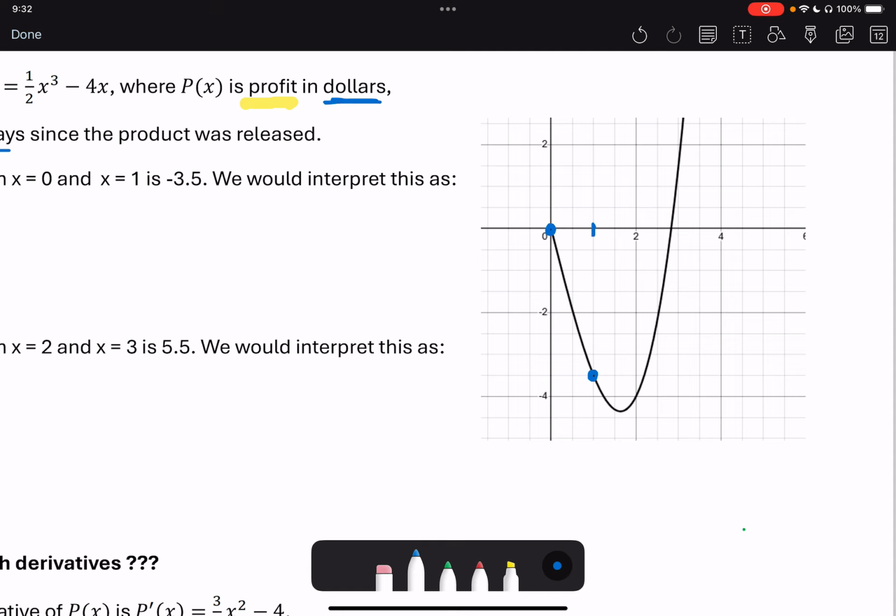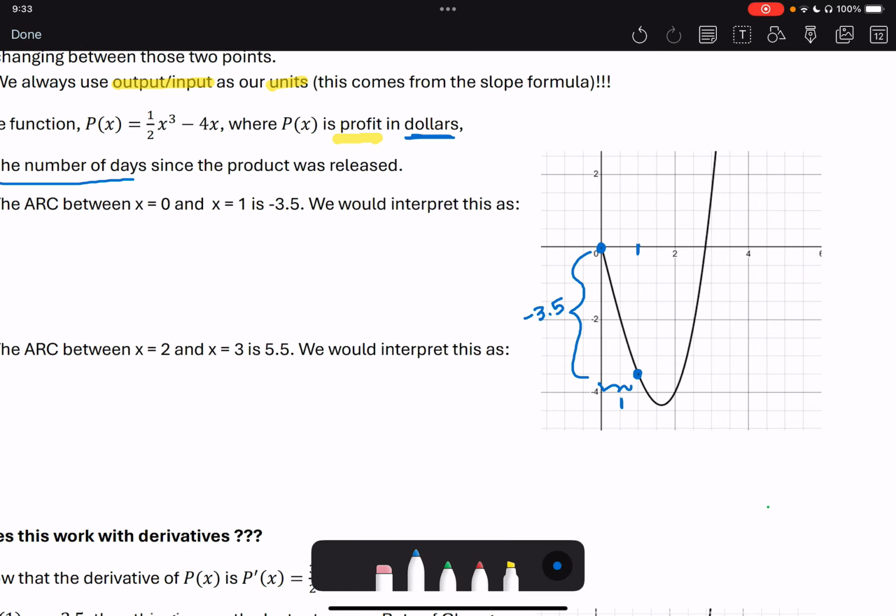Then if I look at how these 2 points are changing, I'm going down 3.5 and over 1. So there's a decrease of 3.5, but then I am going over 1 there.